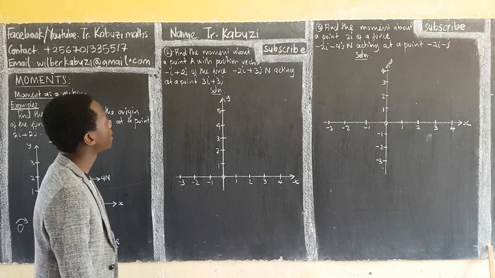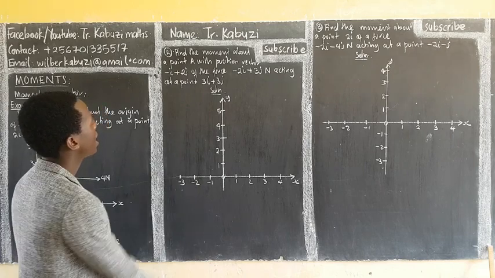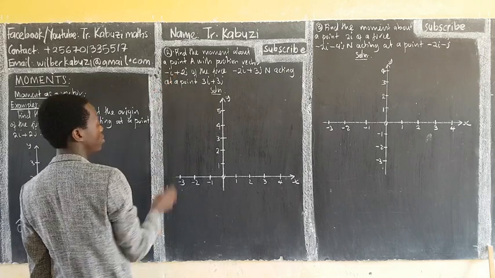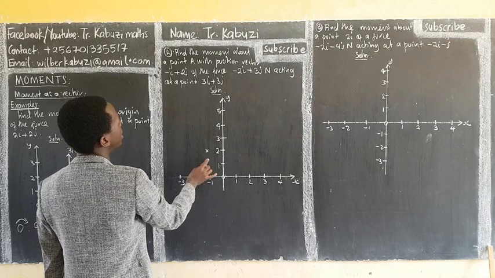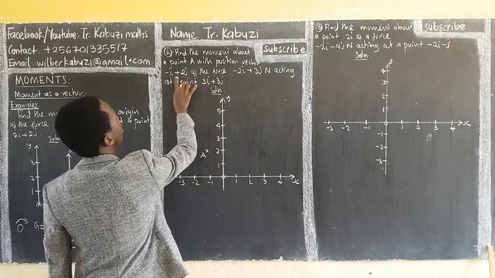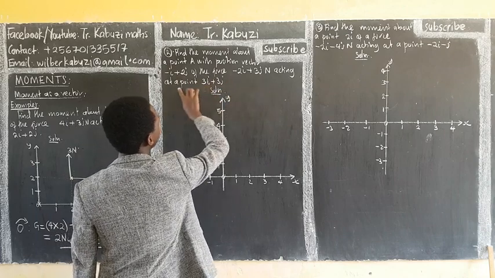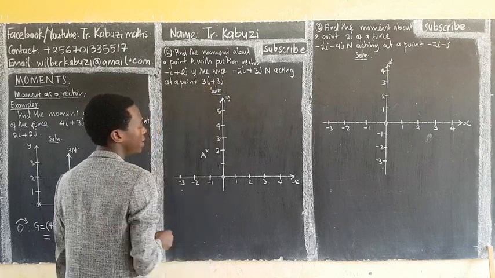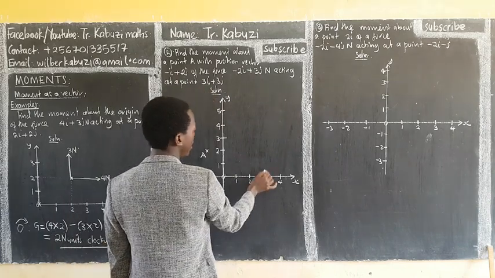When you come to this, find the moment about a point A with the position vector negative 1, 2. This is now the point A. Of the force negative 2, 3, acting at 3, 3. Where is our 3, 3? So the force is acting at 3, 3.